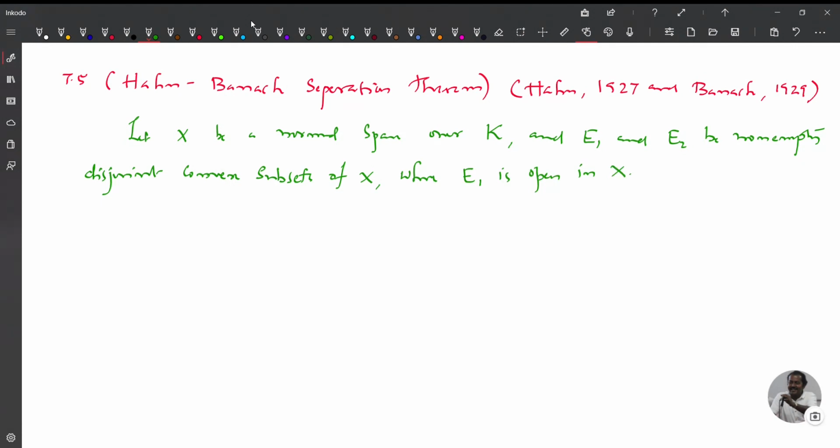Then there is a real hyperplane in X which separates E1 and E2 in the following sense.